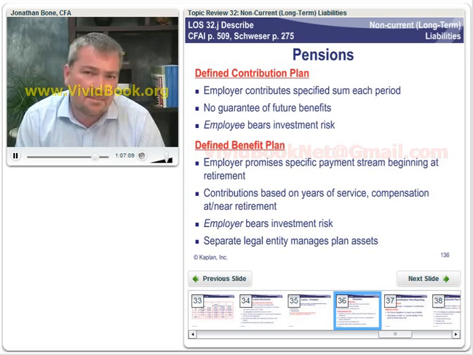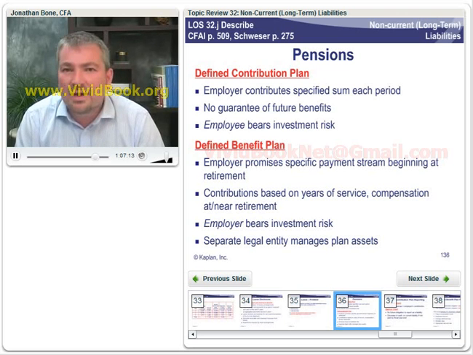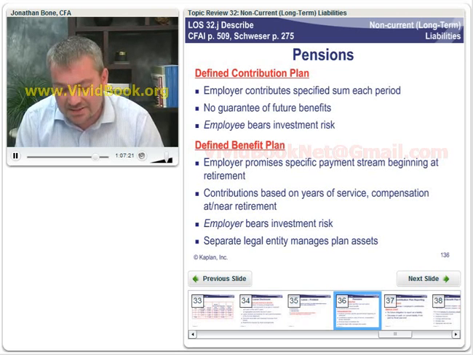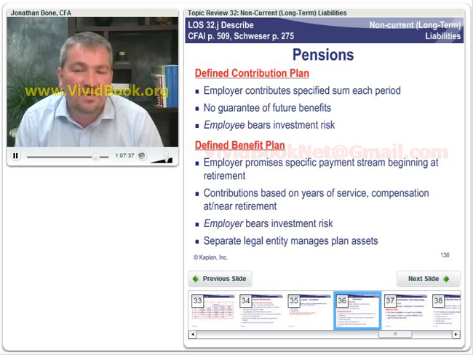Now with a defined benefit plan, it's totally different. Here, the employer is promising you specific payments beginning when you retire. Now these payments tend to be based on certain things such as how many years you've worked up until retirement, what your final salary is near retirement. Given they're making firm commitments to make payments to you based on length of service and final salary, it's the employer that has all of the investment risk.